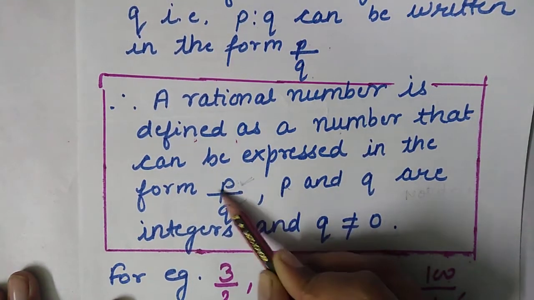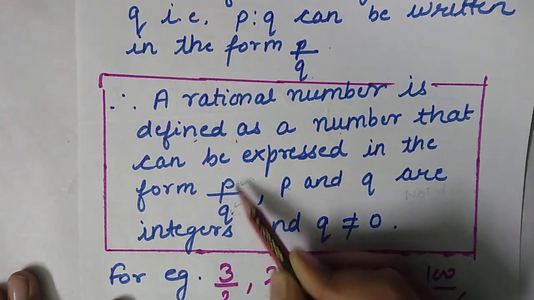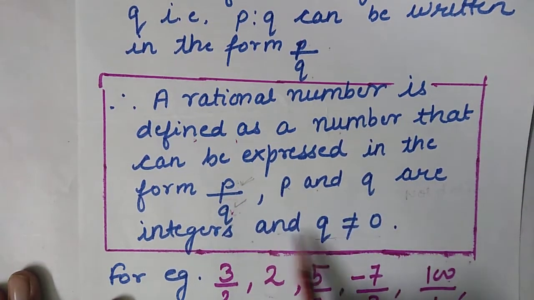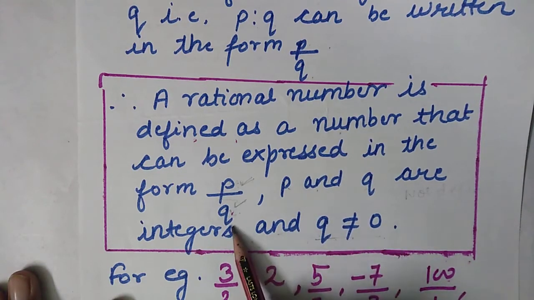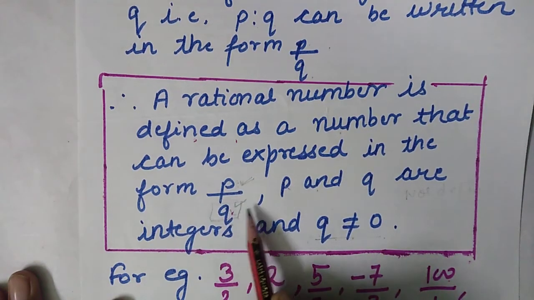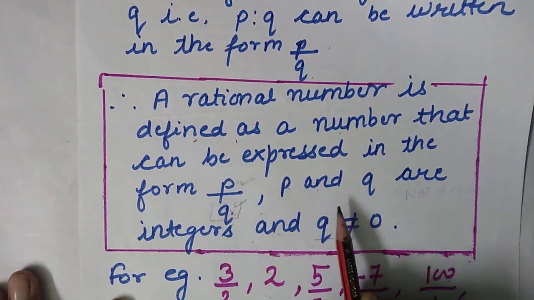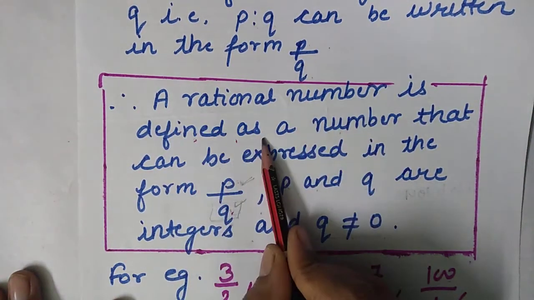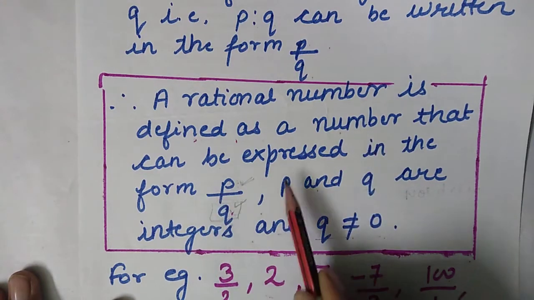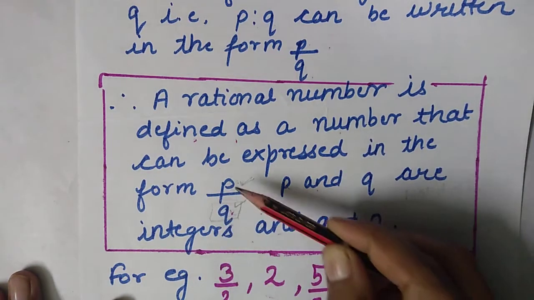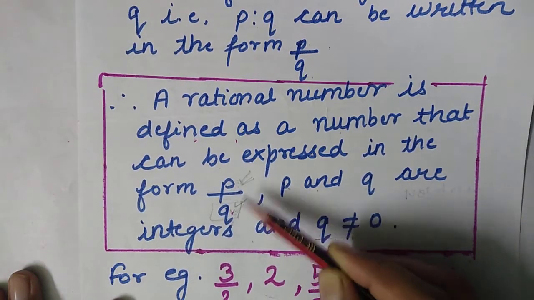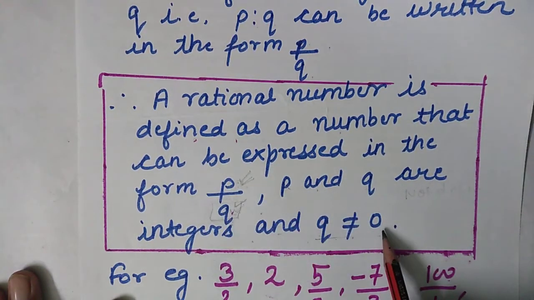Numerator and denominator both you have to take as integers, and Q should not equal 0. This denominator should not be equal to 0. Again I am repeating, a rational number is defined as a number that can be expressed in the form P/Q, where P and Q both are integers and Q should not equal 0.